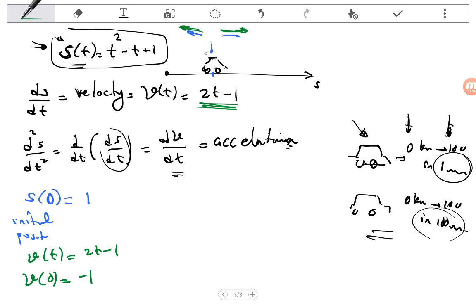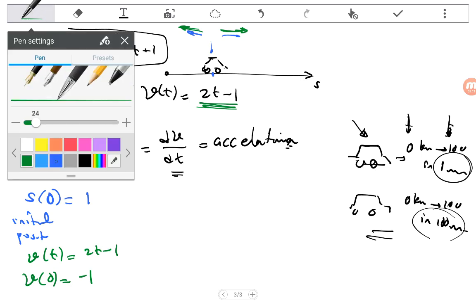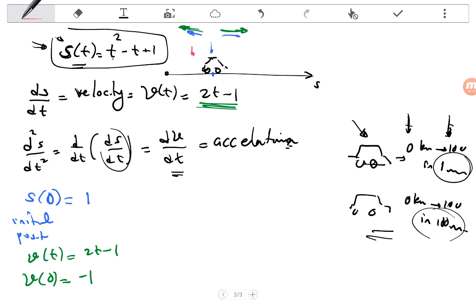So the new position will be to the left, so it will go in this direction. How did I know that? Because the velocity is negative, so it is in the negative direction, which means s is decreasing.